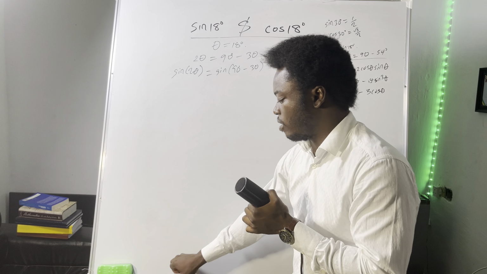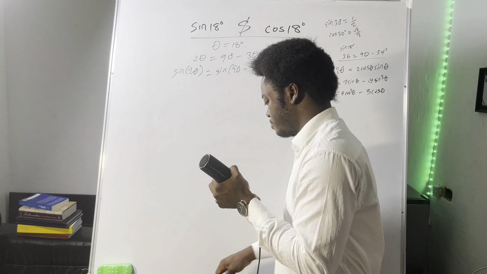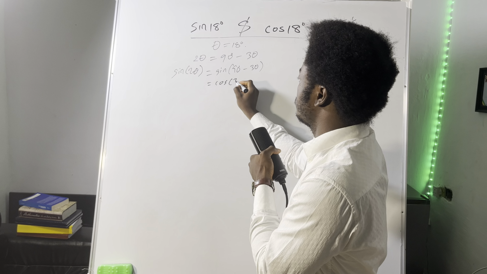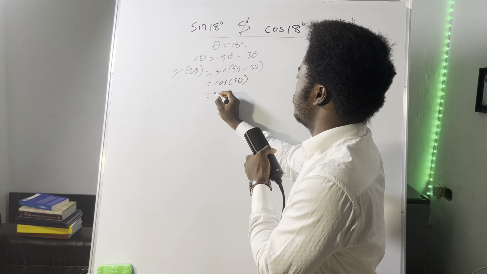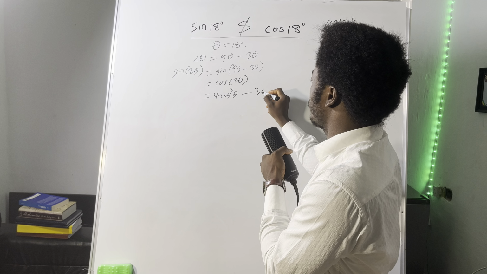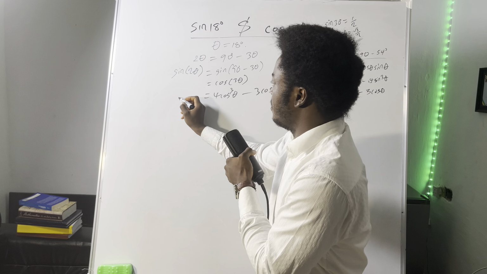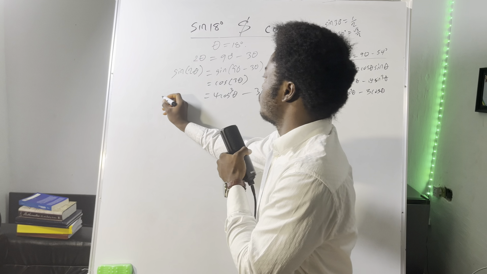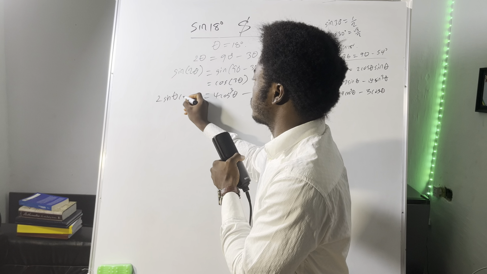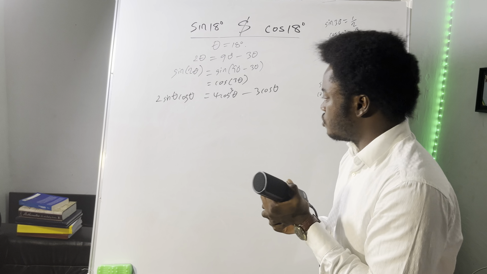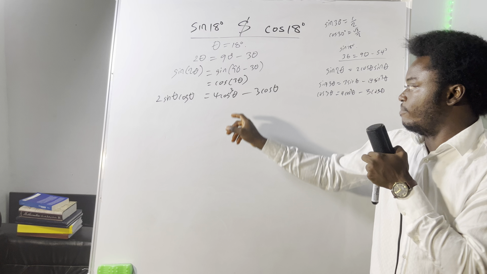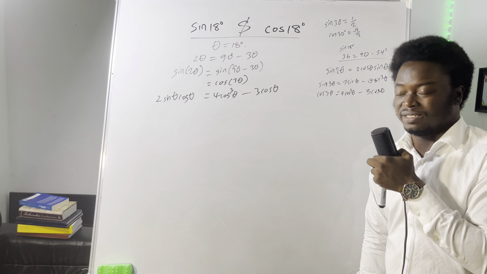So this would equal the cosine of 3 theta, which equals 4 cosine cubed theta minus 3 cosine theta. Sine of 2 theta is 2 sine theta cosine theta. So you have 2 sine theta cosine theta equal to 4 cosine cubed theta minus 3 cosine theta.